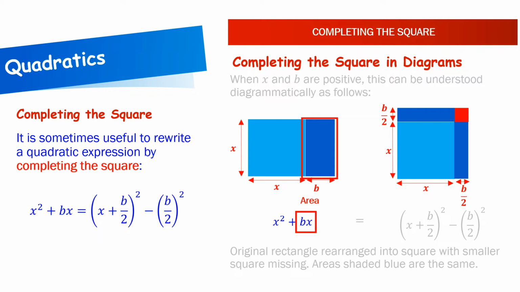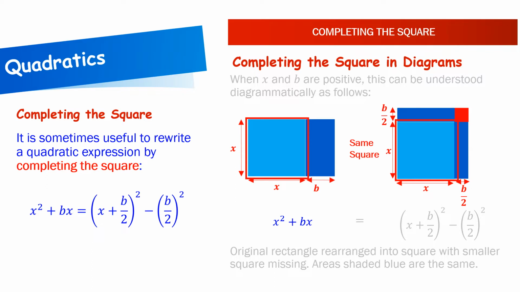Now we're going to split this b by x rectangle into two parts and position it so that it forms a square, as shown on the right-hand side. Now the shape on the right-hand side and the shape on the left-hand side can be compared. So these two areas that have been highlighted both have an area of x squared.